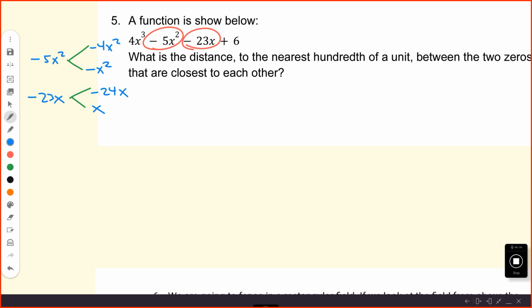So I can write this as negative 24x and positive x. So I can write this as 4x cubed, minus 4x squared, minus x squared, okay? This negative 4x squared and negative x squared is coming from negative 5x squared. And then I can again split the negative 23x into plus x minus 24x, plus 6.